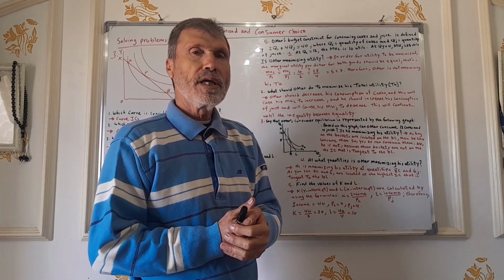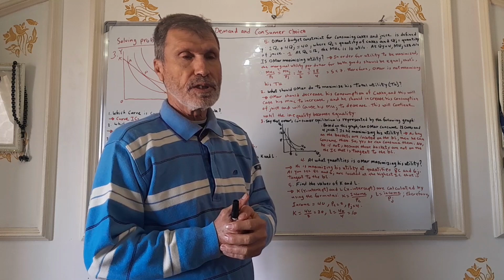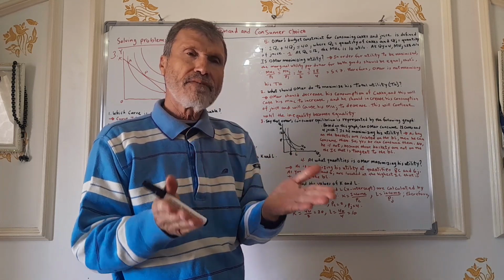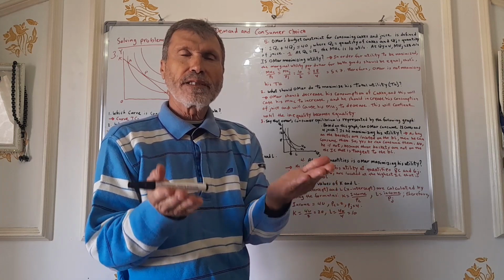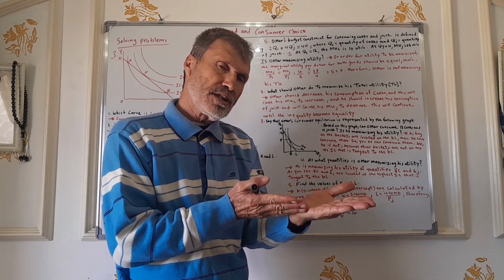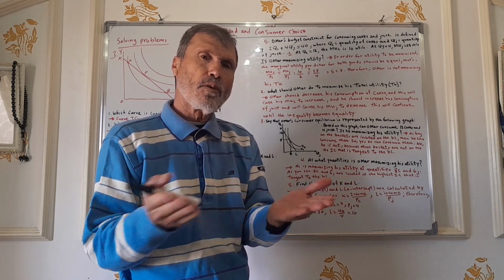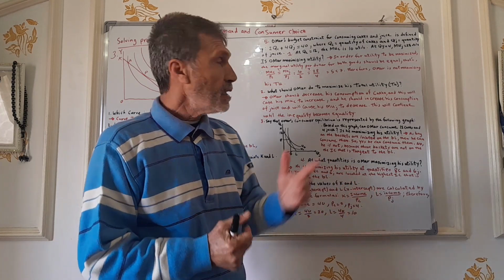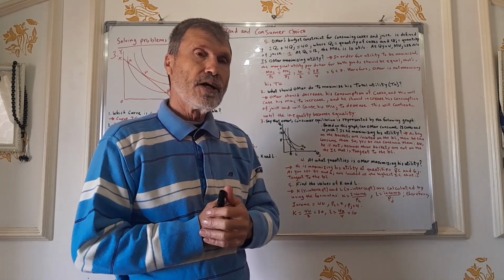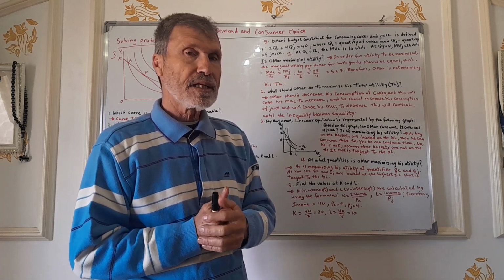Therefore, Omar is not maximizing utility. Omar is maximizing utility whenever the marginal utility per dollar for both goods is equal to each other. In this case, they are not equal, therefore Omar is not maximizing his total utility.